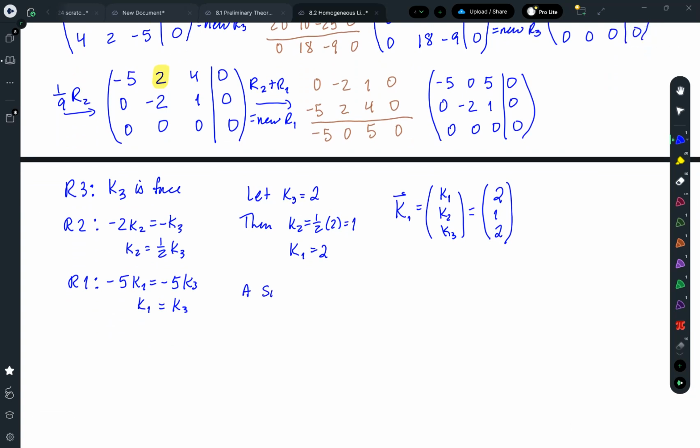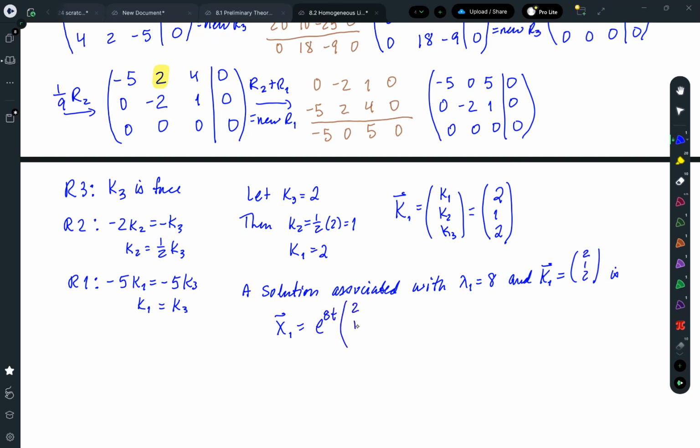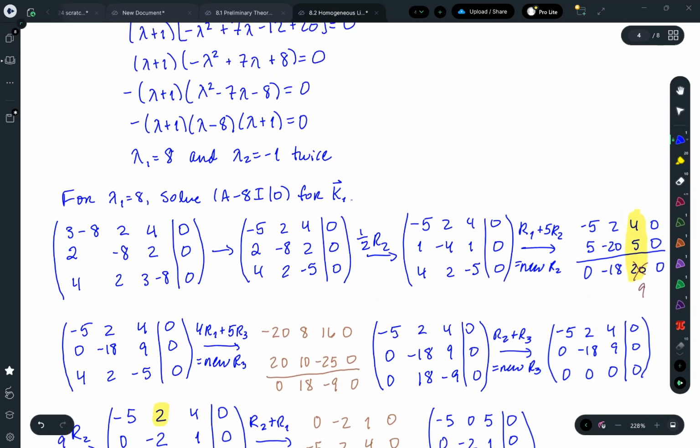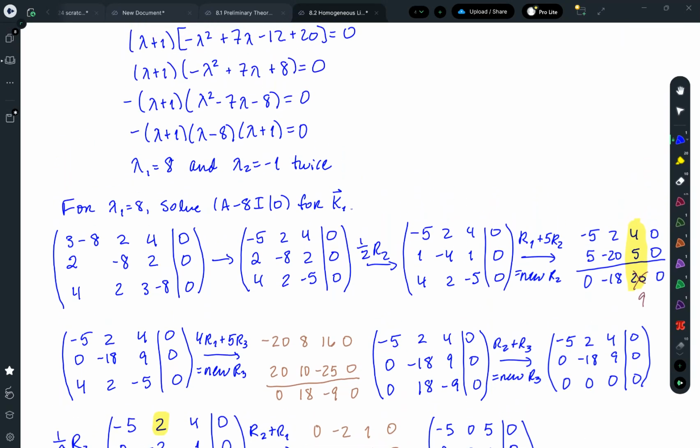And a solution associated with lambda 1 is equal to 8, and K1 is equal to the vector with components 2, 1, 2 is x1, which will equal e to the 8t times the vector 2, 1, 2. Okay, so that takes care of lambda 1 equal to 8, but now we've got to deal with that lambda, what was it equal to? Lambda 2 is equal to negative 1 twice.